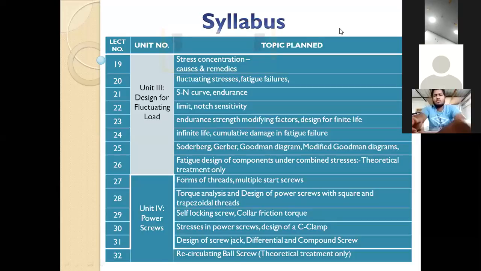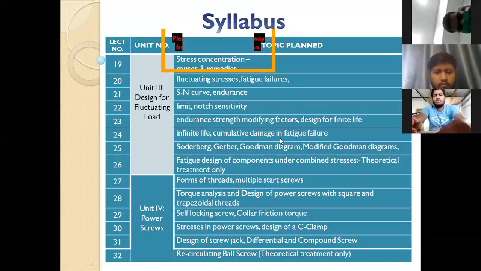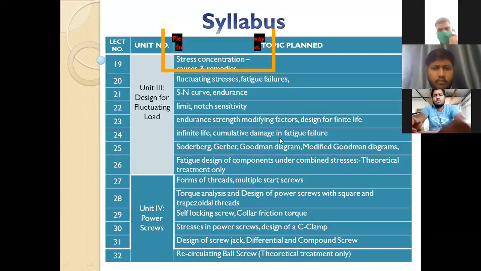Okay. So we'll try to see what different stresses we will face in real life, like the fluctuation or the cycles, and then depending on those, we'll try to understand how we can work out on those stresses and have a better design.